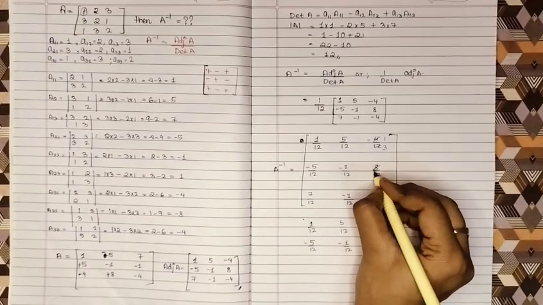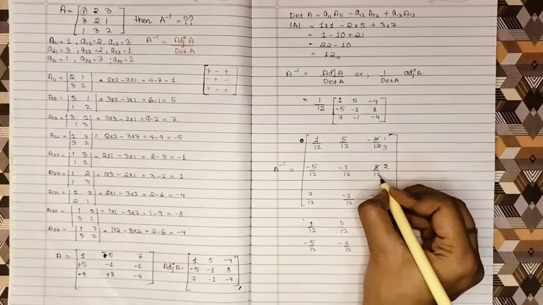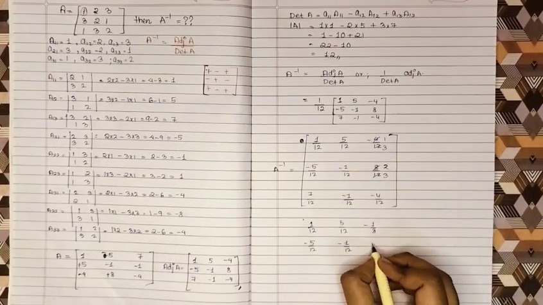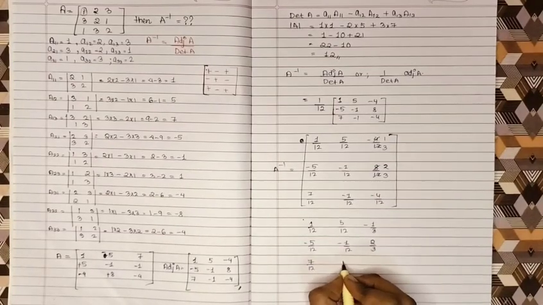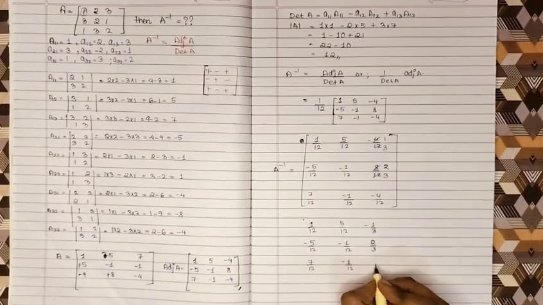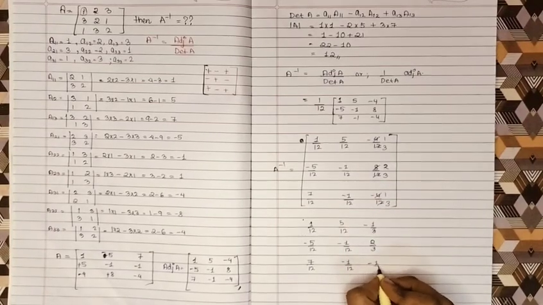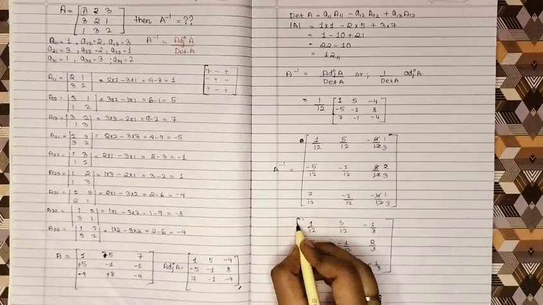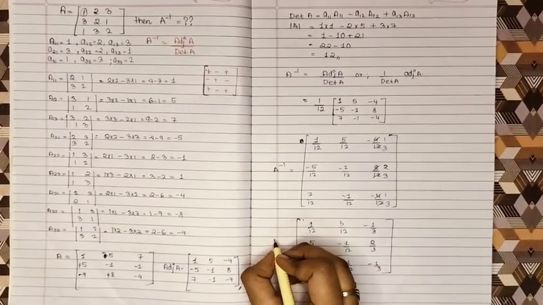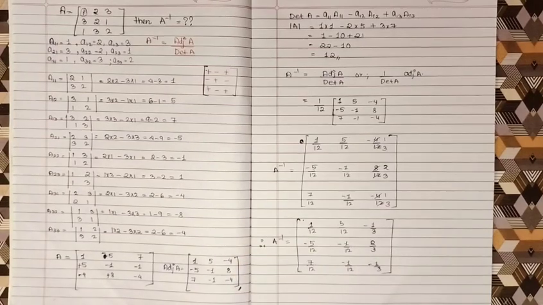Here 4 2s are 8, 4 3s are 12, so 2 by 3. Here you write 7 by 12, here 1 by 12, and here 4 1s are 4, 4 3s are 12, so minus 1 by 3. So this is your final A inverse. Therefore A inverse is this.